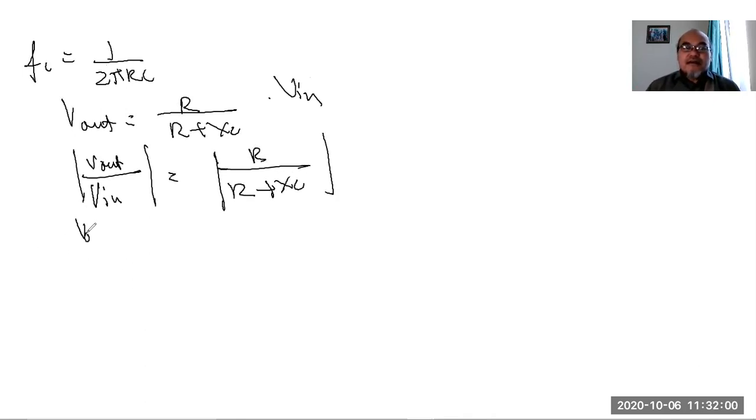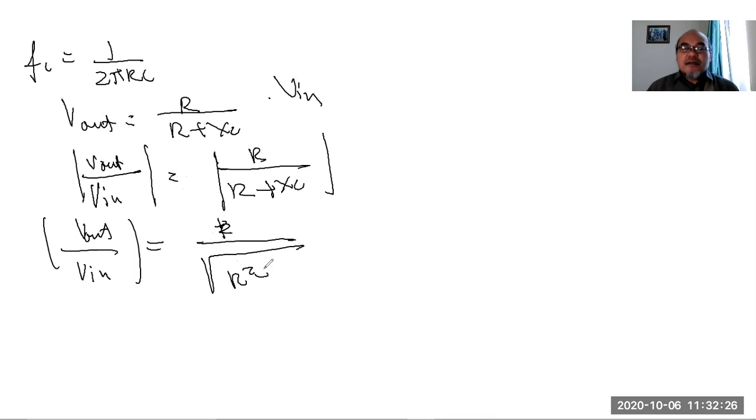Then the magnitude of V out divided by V in equals R divided by the square root of R square plus XC square.